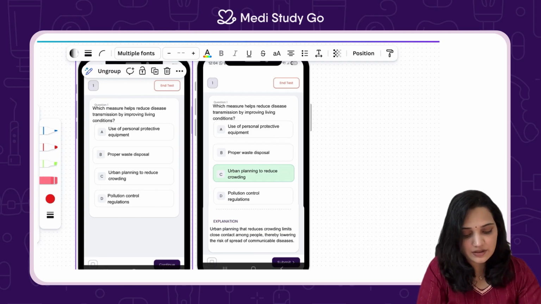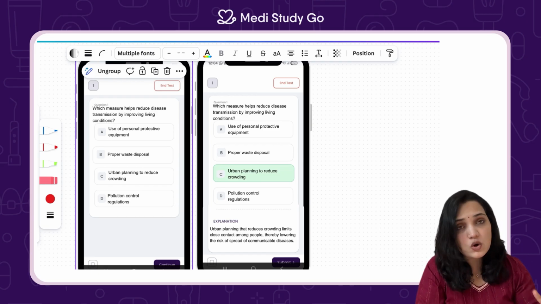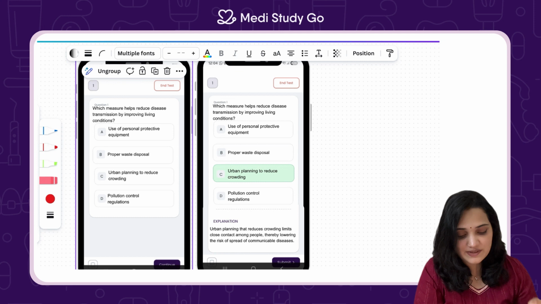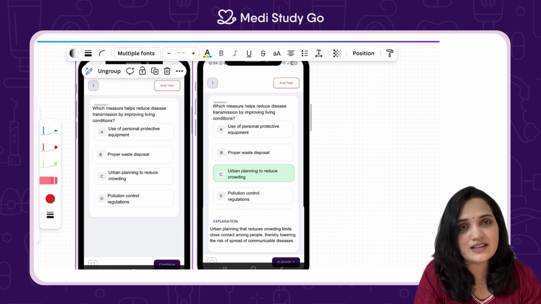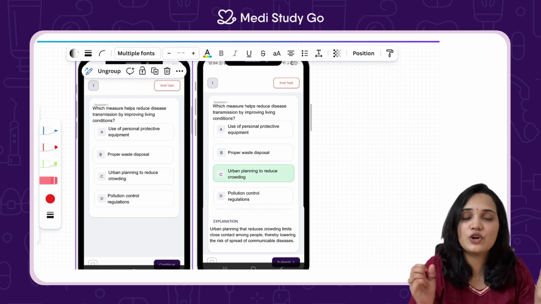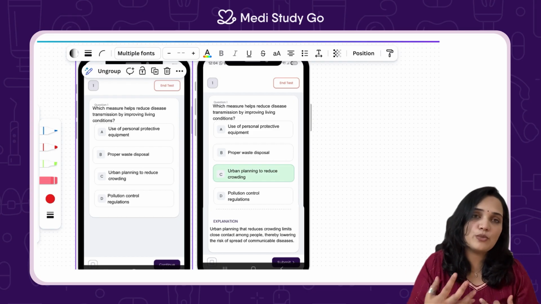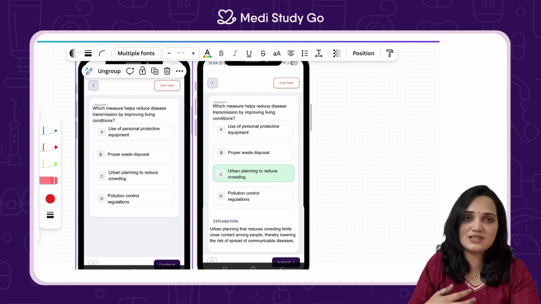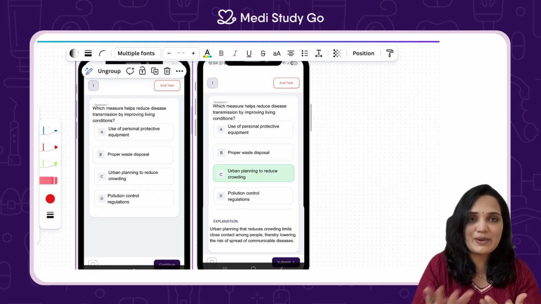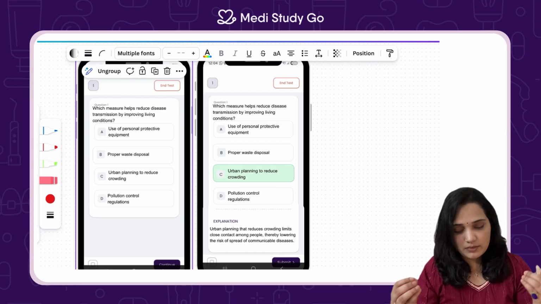Because urban planning reduces crowding, limits close contact between people, thereby lowering the risk of spread of any communicable diseases that are there. If people are crowded together, if there are too many people in one place, it is very natural for communicable diseases, which are infectious diseases, to spread. So we try and reduce that by urban planning.